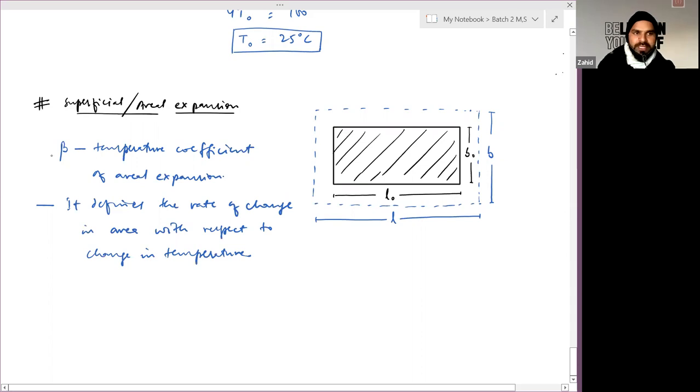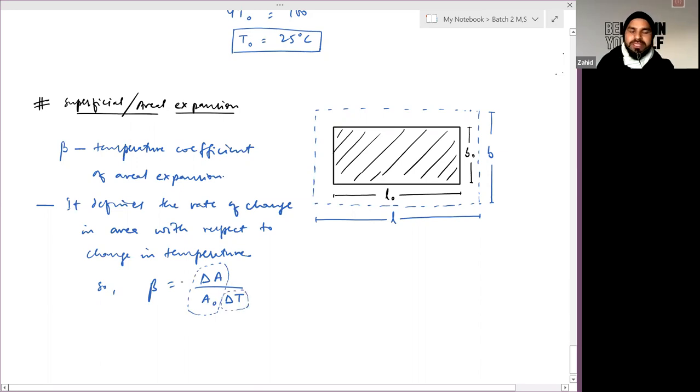So according to this, we may write beta equals delta A divided by A times delta T. Here delta A divided by A is called fractional change in area, and delta T is called change in temperature.